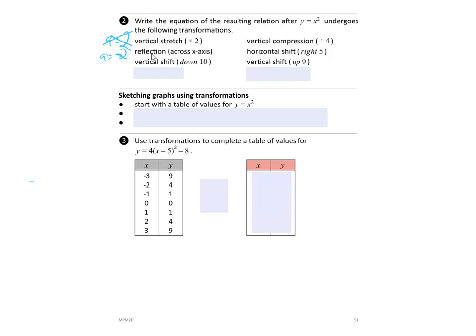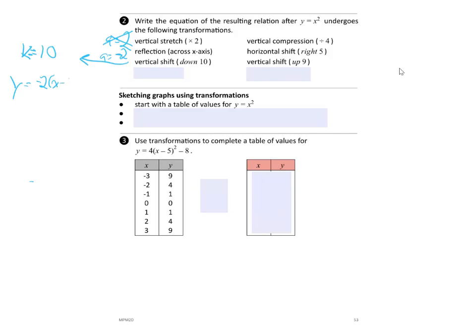And a vertical shift down 10. Well, that tells me that k is going to be negative 10 because it's going down 10 units. If it was a horizontal shift, then we'd have to deal with h. Okay, so my guess would be y equals negative 2 bracket x.